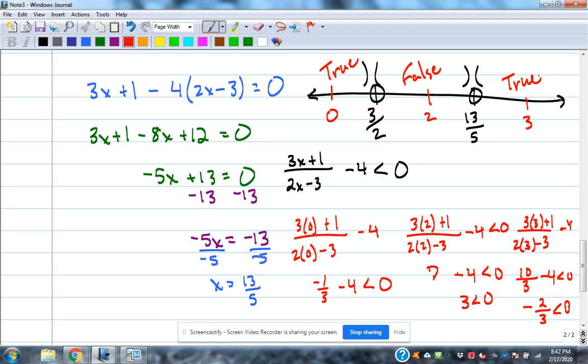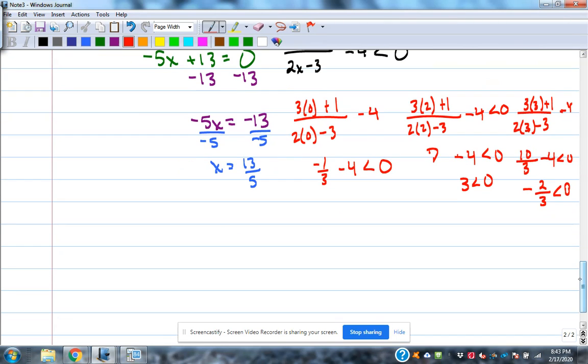So we got 2 areas that we have solutions in this problem. We got 2 intervals. So the first interval is everything that's less than 3 over 2. So how do we write that? Negative infinity, 3 over 2, and it's a parenthesis there because remember it had the open circle, that was our restricted value. Then we're skipping all that gap in the middle. So we're going to put a U to say we're skipping some numbers.